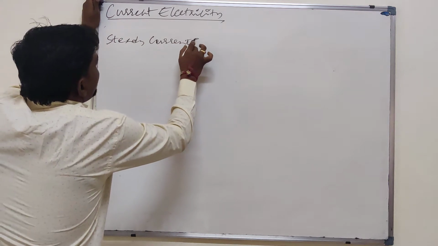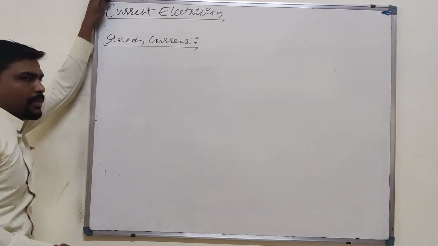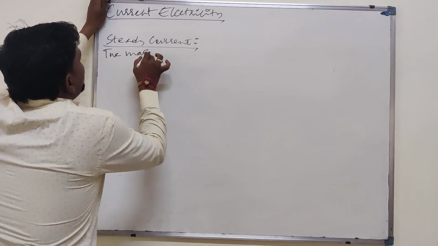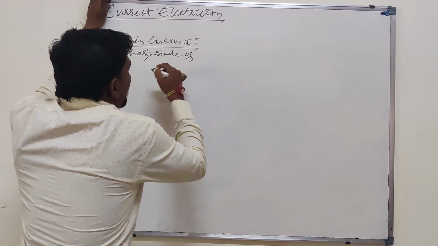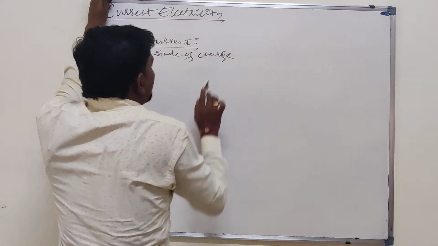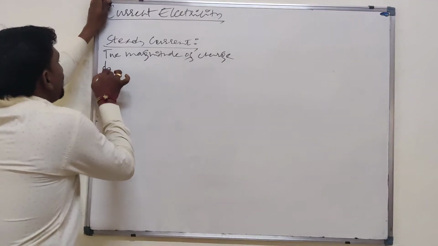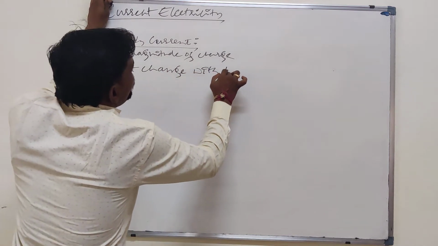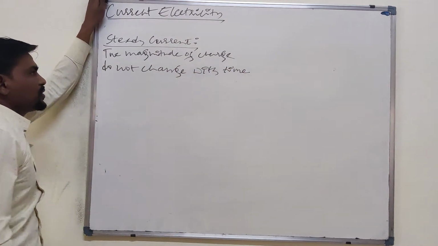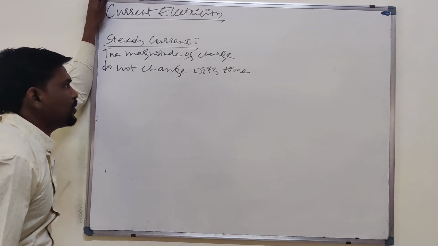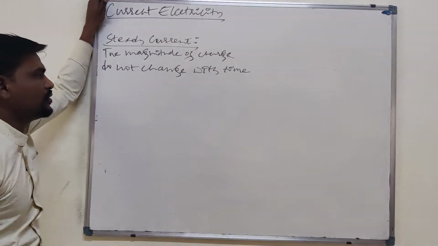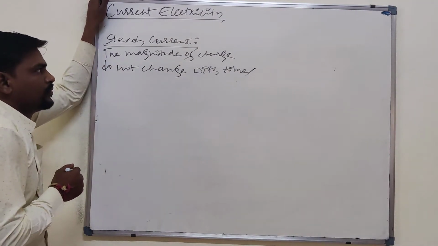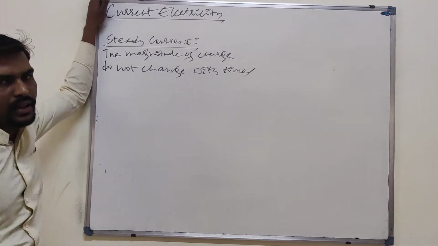Here what happens, the magnitude of charge does not change with time. So steady current means the magnitude of charge does not change with time. It is constant always. Or we can also call it constant current, right?